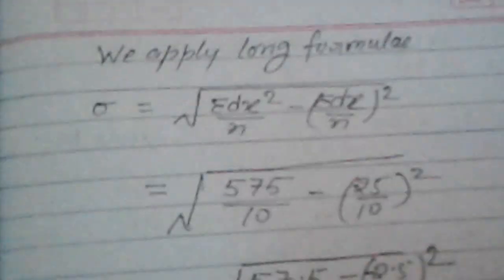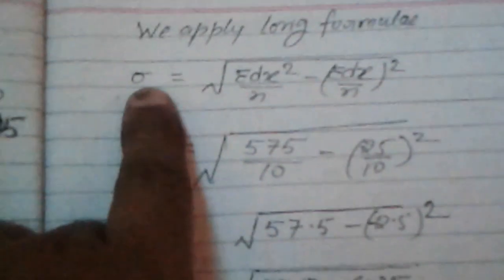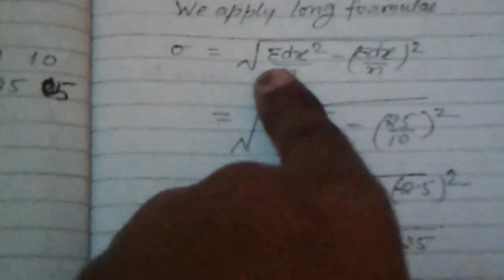Let us apply the formula. Small sigma means standard deviation. Sigma equals the square root of sigma dx squared upon n minus sigma dx upon n, whole squared. We put in the values: 575 divided by 10 gives 57.5, minus 25 divided by 10, which is minus 2.5, squared.